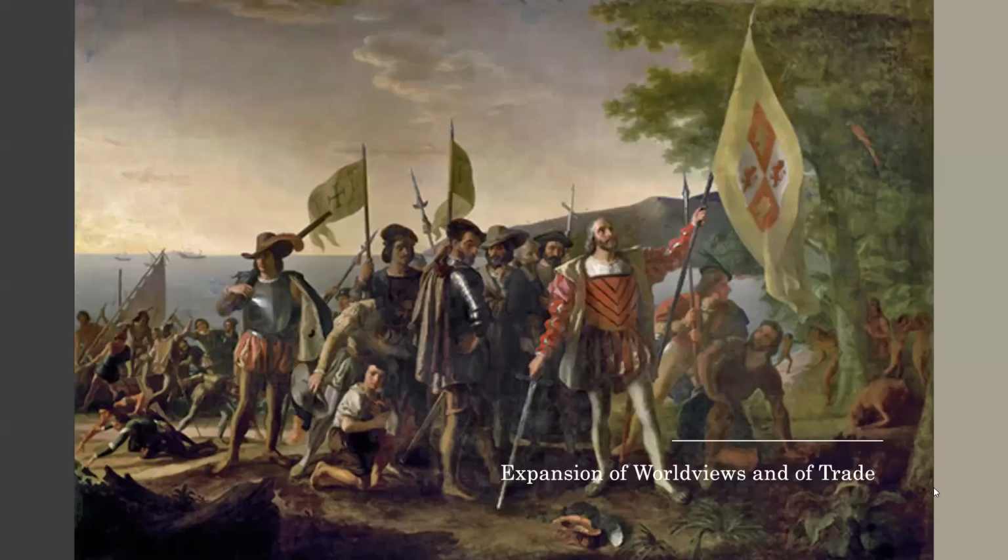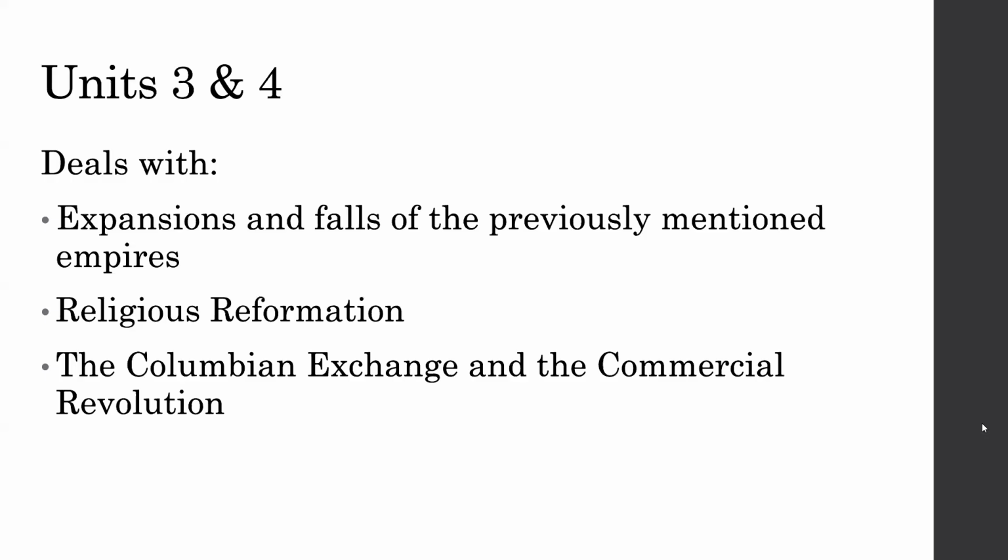Now, next up is the time period 1450 to 1750, which is the expansion of worldviews and of trade. This covers units 3 and 4, and it's going to deal with expansions and the falls of the previously mentioned empires. For example, there's the fall of the Mongols, and there's going to be the rise and expansions of the new dynasties of China. There's also going to be the expansions of other empires.